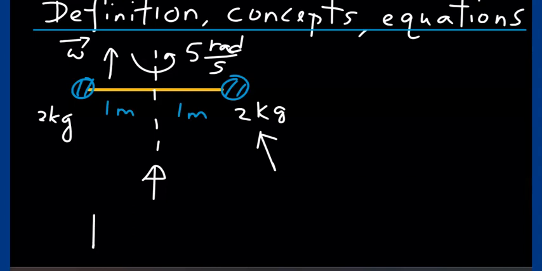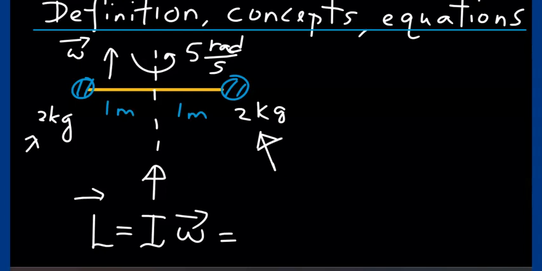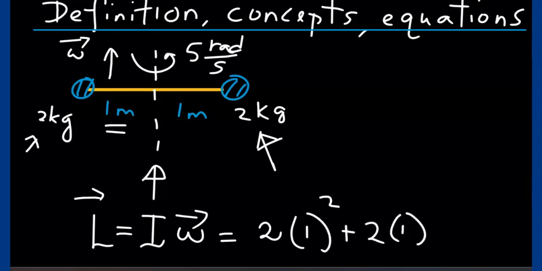So the angular momentum is given by the moment of inertia times the angular velocity. There are two contributions for the moment of inertia. One is the 2 kg from the left and 2 kg from the right. So from the left, it's 2 times the distance from the mass to the axis of rotation, 1 squared, plus another contribution from the right mass, 2 times 1 squared, times 5.